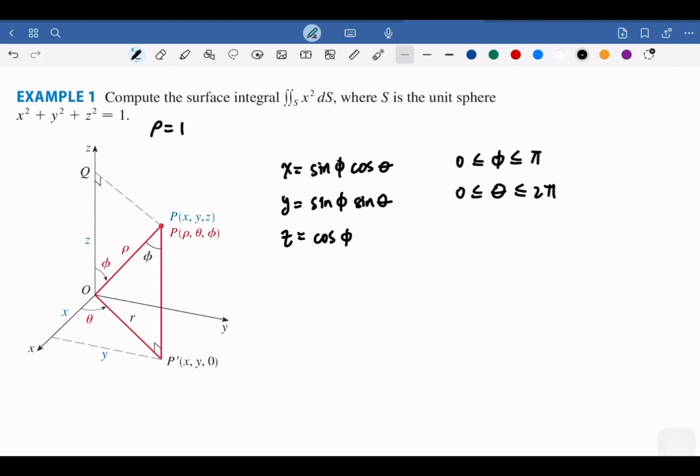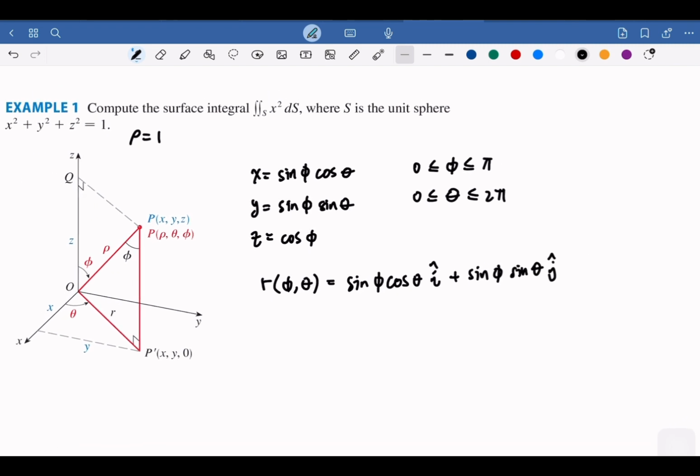So we can write r(phi, theta) equals sine phi cosine theta i, plus sine phi sine theta j, plus cosine phi k. I think in your Calculus 2 you don't get the sphere, right?